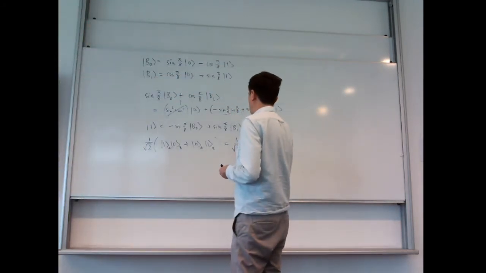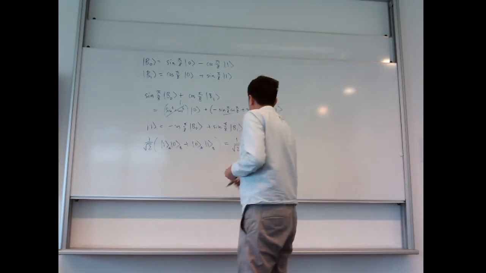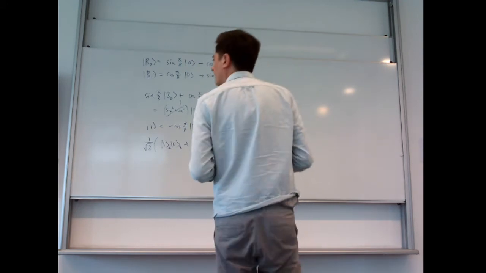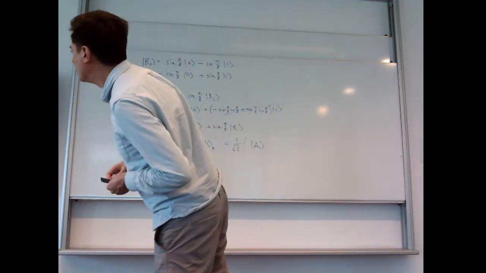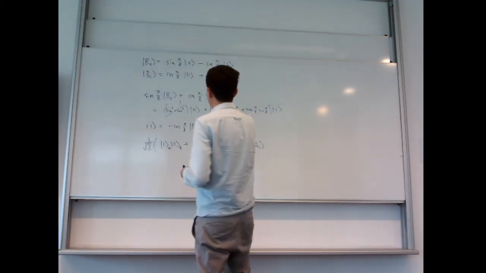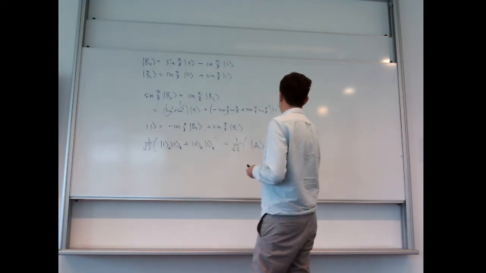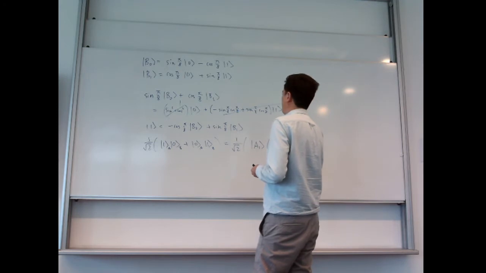So we just have to make our transformations. A1 is 1, and then the 0 on Bob's side, so we use this formula. So it's sine pi over 8 B0 plus cosine pi over 8 B1.